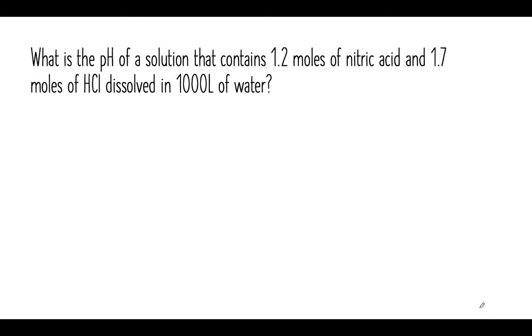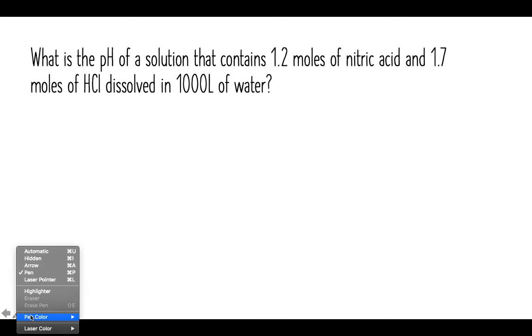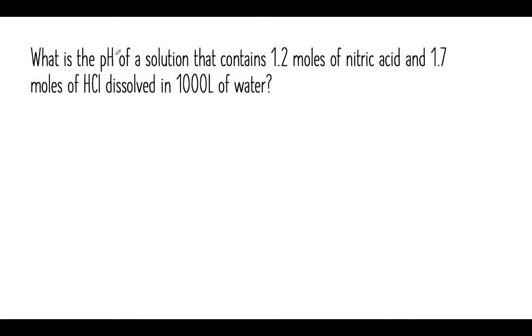Moving on to the next example, again solving for pH, but in a different way. In this question, they're asking to find the pH of a solution of two different acids mixed together in a certain volume of water. Just like we did in the previous question, let's identify the acids that were given. HNO3 is a strong acid, which means that it breaks apart into its ions.